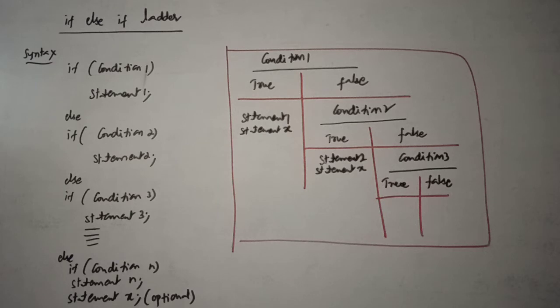So condition 1 false, come to condition 2. Condition 2 true, statement 2 and statement x. Condition 2 false, condition 3, and so on. So when you come to condition 3, condition 1 is false, and then condition 2 is false, then you come to condition 3. No confusion regarding anything here.